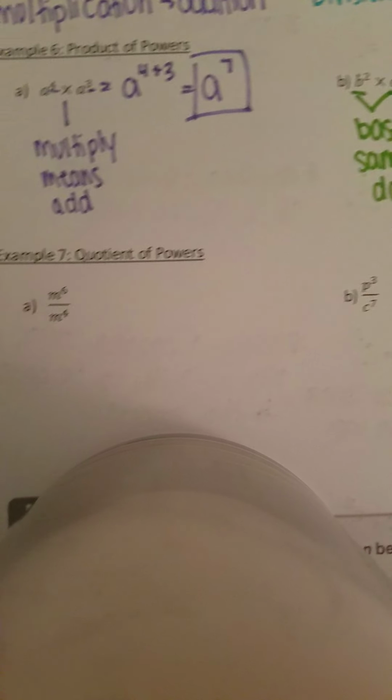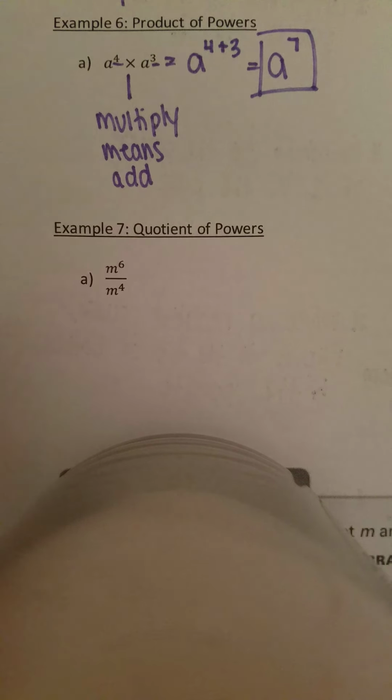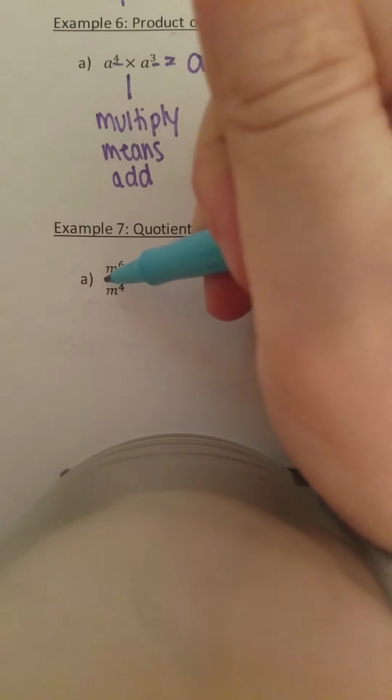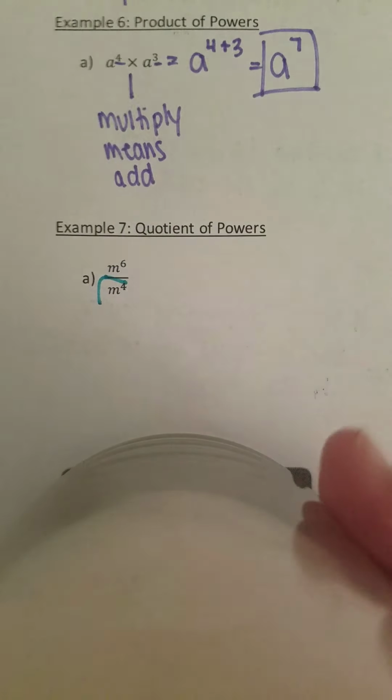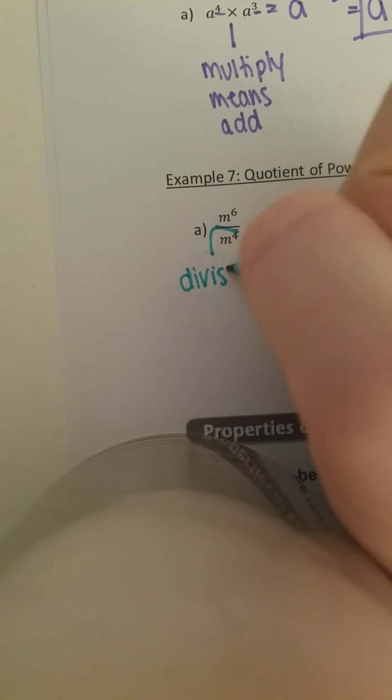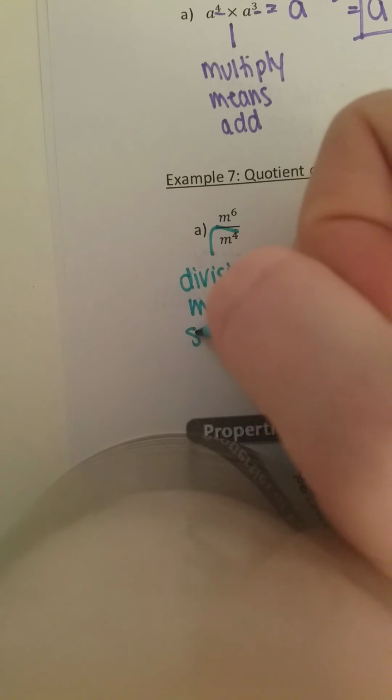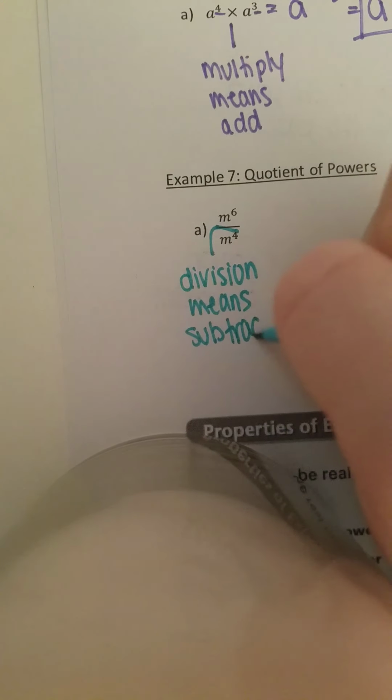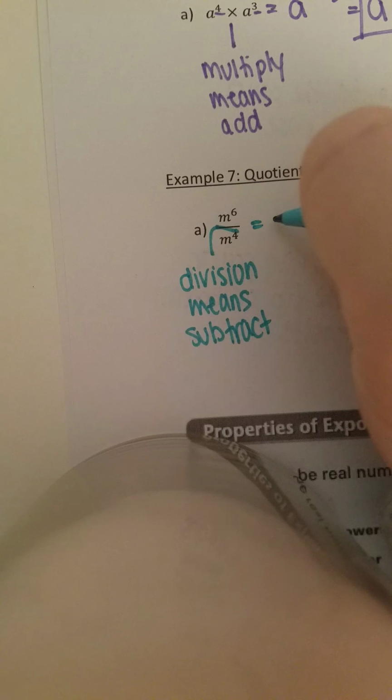All right, let's take a look at our last example. So quotient means division. All right, so this right here, since we're dividing, division means subtract. So in this case, we're going to subtract the exponents.